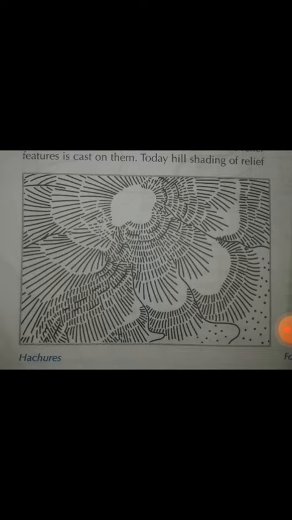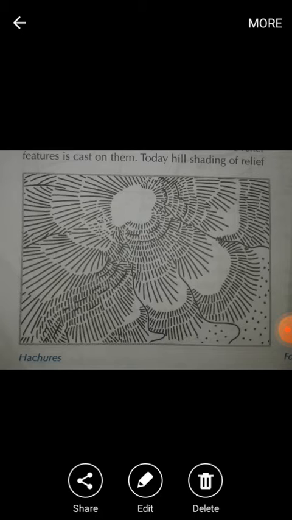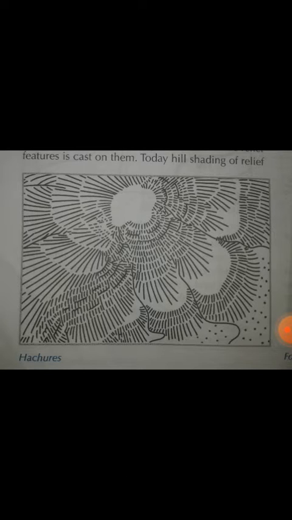Gentle slopes are indicated by thin lines drawn apart, and steep slopes are indicated by thick lines drawn close together. Lands that are level or flat, such as the tops of plateaus, valleys or plains, are left blank.